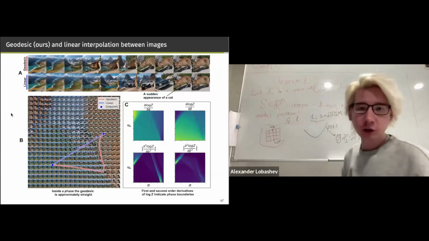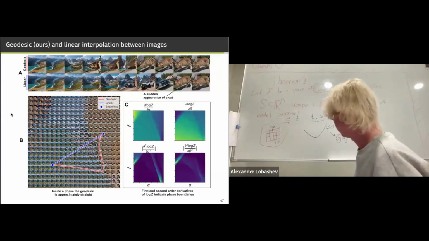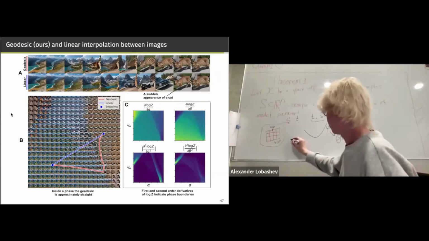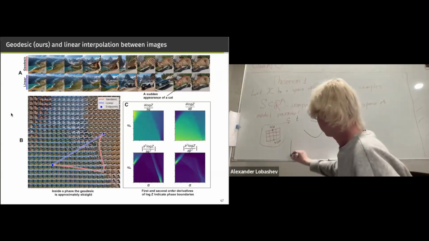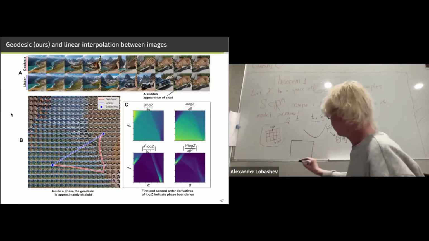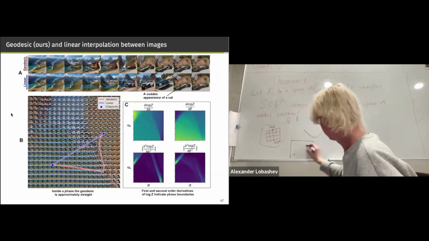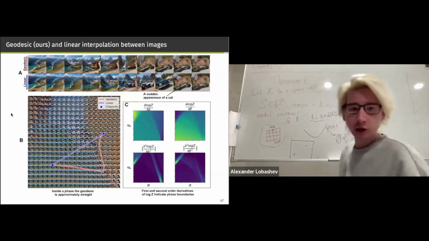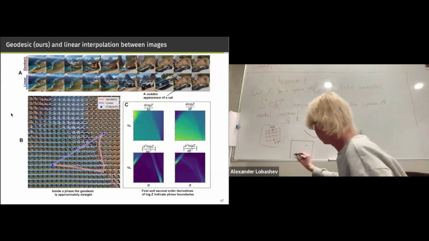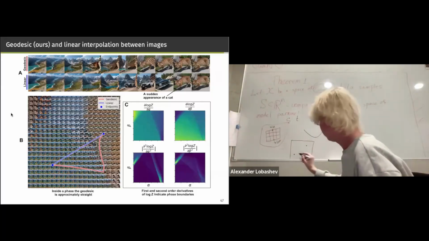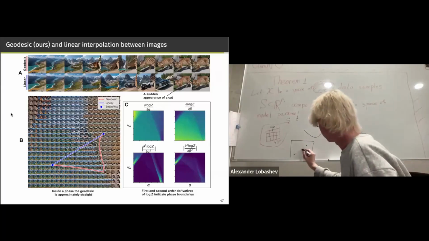Then if I have a curve in a latent space, so this is my latent space, as input I give it two points, this one and this one. And I initialize my geodesic with a straight line.